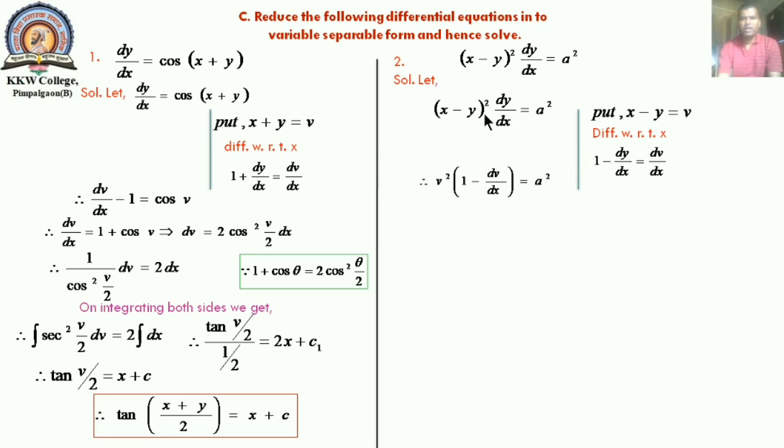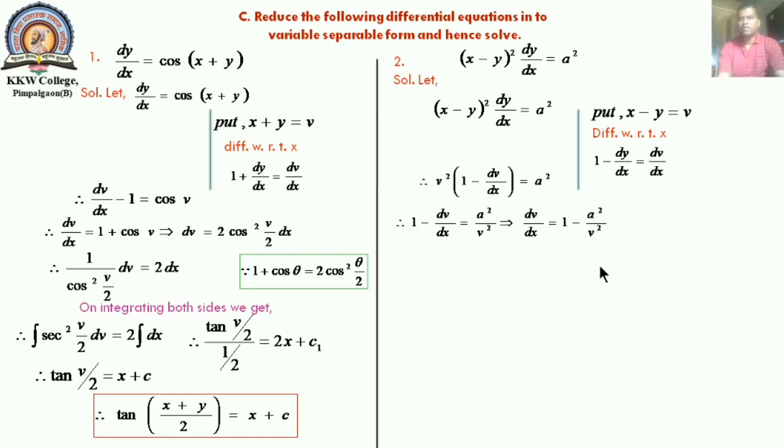Substituting dy by dx as 1 minus dv by dx and x minus y as v, therefore v square into (1 minus dv by dx) is a square. Dividing by v square, we get 1 minus dv by dx is equal to a square upon v square. Transferring dv by dx to this side and 1 to the other side, we have dv by dx is equal to 1 minus a square upon v square.